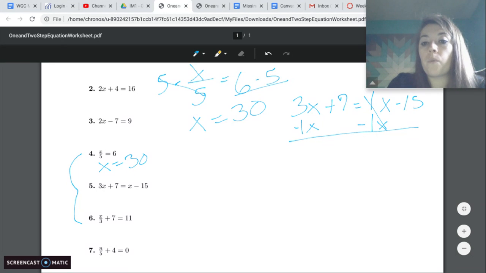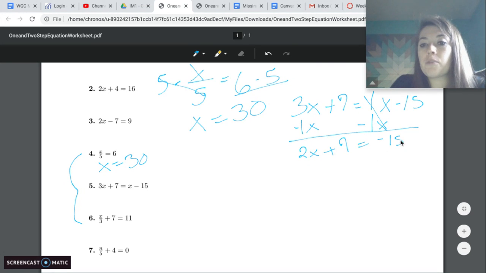So we subtract the 1x because the original 1x is positive, so we undid the positiveness. Some of you probably would have added because you saw the minus 15 afterwards. No, that's not the case. It's whatever the sign is on the actual number that you're trying to undo. So 3x minus 1x is 2x plus 7 equals negative 15.